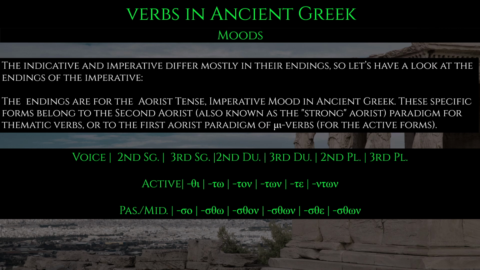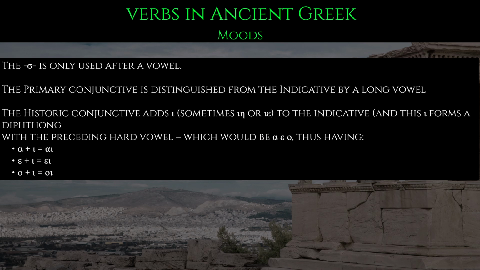Now, the sigma, the s, is only used after a vowel, and we will get to this in a moment as well. The primary conjunctive is distinguished from the indicative by a long vowel.